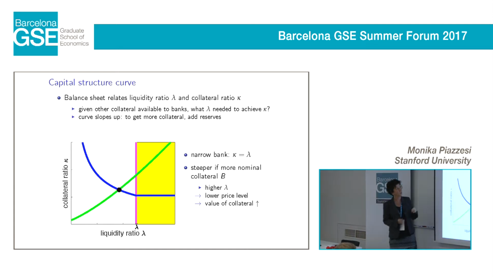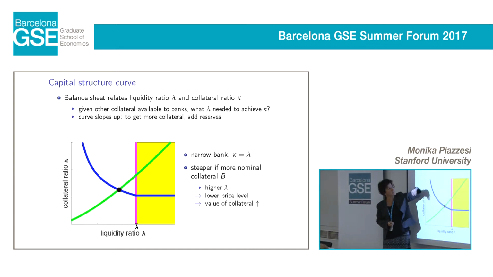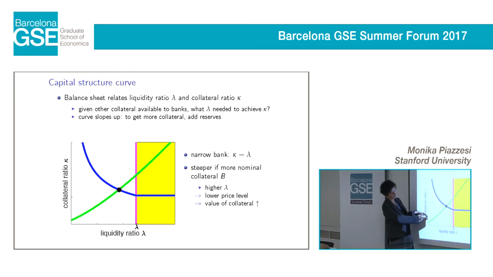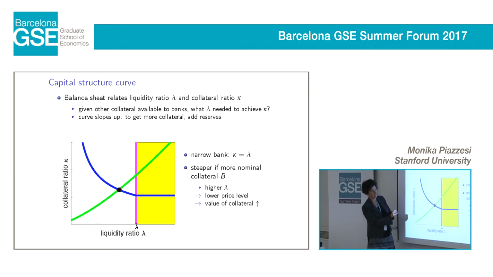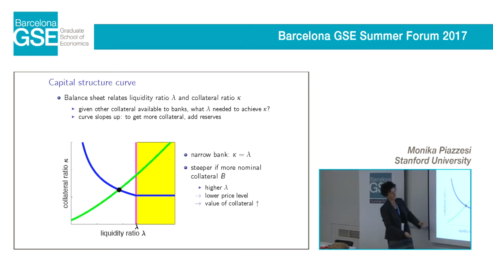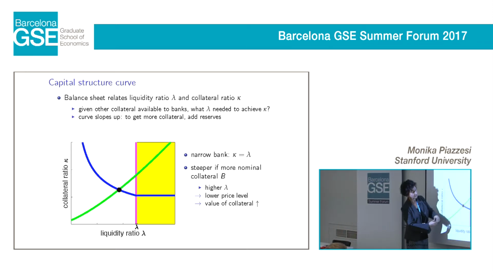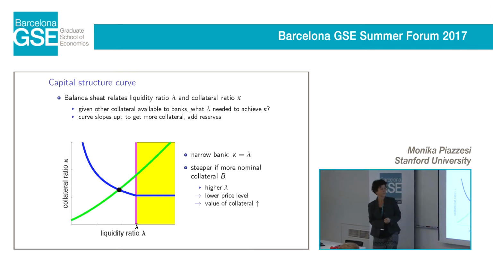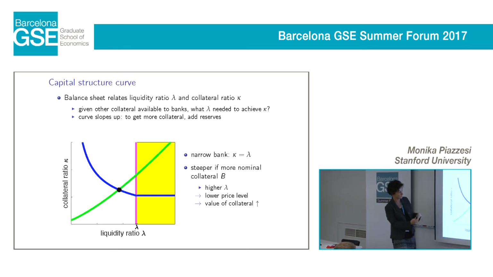And so I can ask how much liquidity should banks hold given the other collateral that they have. And this curve is going to slope up. The more collateral they have, the more liquidity they're going to choose. And so where these two curves cut is going to be the steady state, essentially. These two concepts are going to collapse.